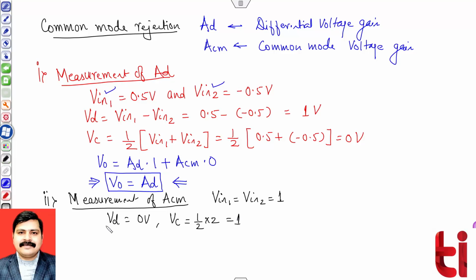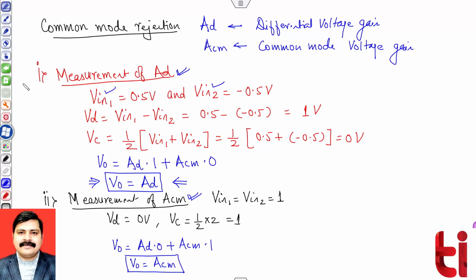Therefore, again the output voltage V0 equals AD into 0 plus ACM into 1, or ultimately my output voltage is ACM. So by these simple steps we can easily find the value of AD, that is my differential voltage gain, and the value of ACM, common mode voltage gain.